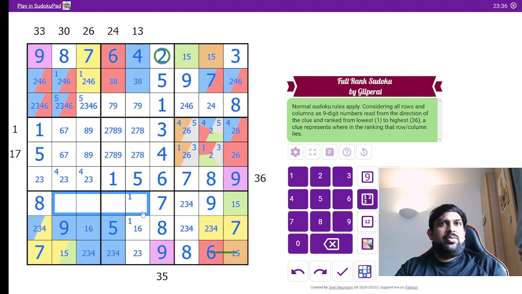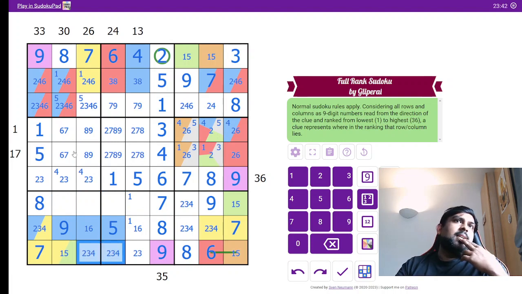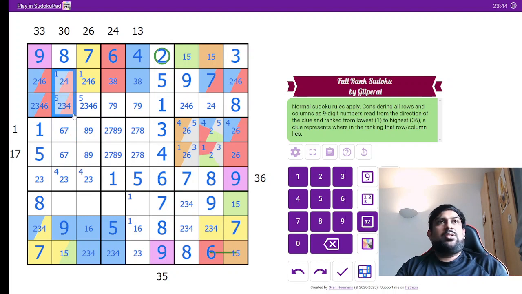Should we do it? Should we wait? What's next to do? Oh, 6, 7 is locked here. So 6 is not here. Fine. 1, 2, 3, 4, 5. 1, 2, 3, 4, 5. This is 1, 2, 3, 4, 5. What about this cell? 7, 8, 9 is done.